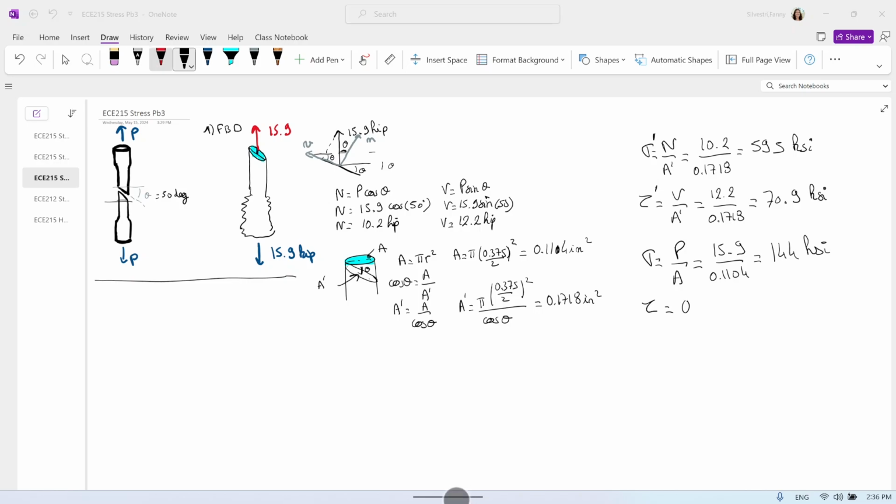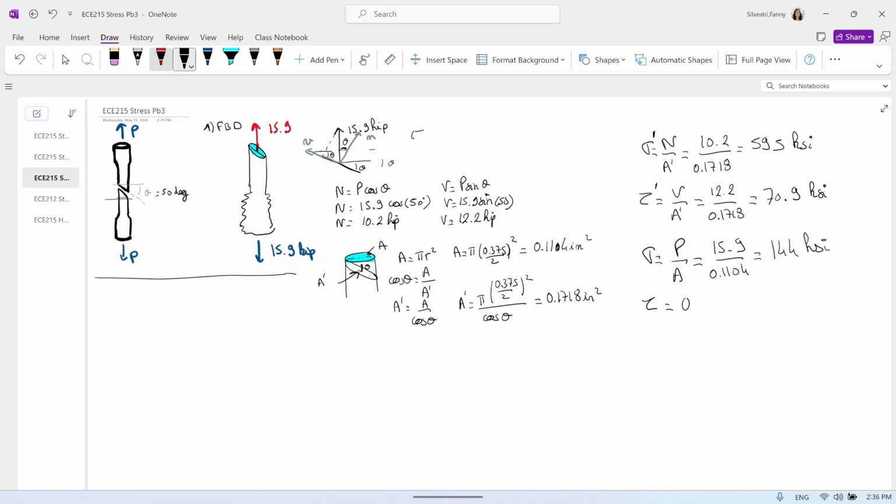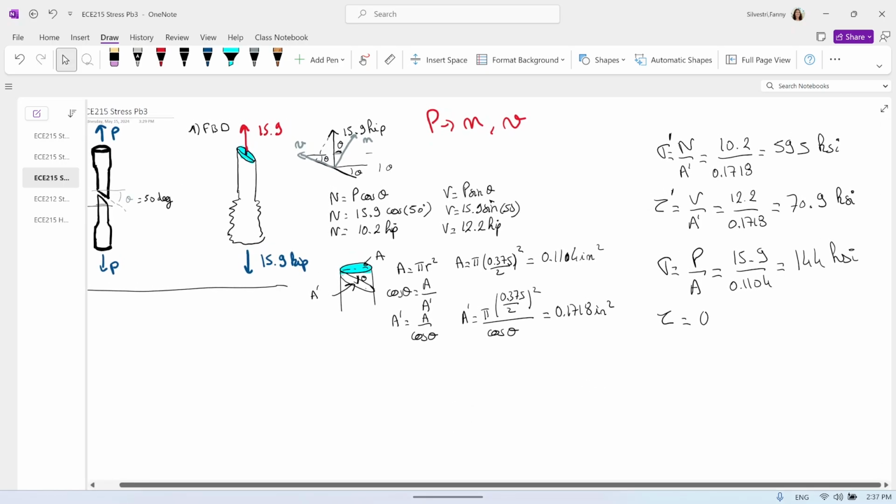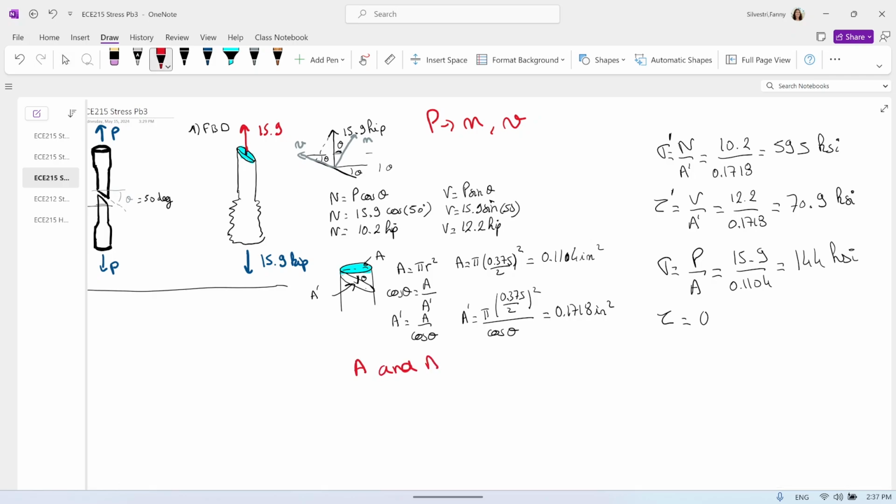What we just tried to find, in these steps, we found P on the N axis and on the V axis, so on the normal axis to the inclined plane and on the tangent axis to the plane, where the shear is. And we found the area A and the area A prime, the section at an angle, and in the third step we found the stress and the shear.